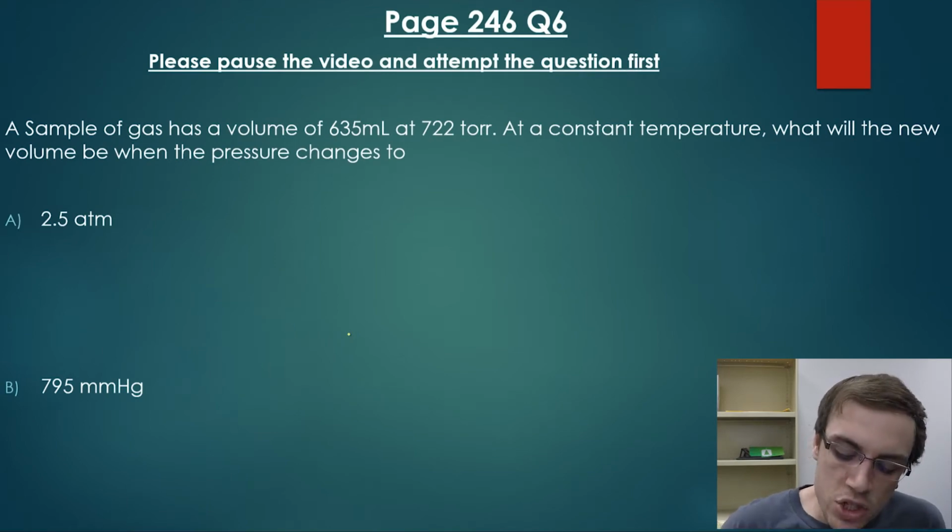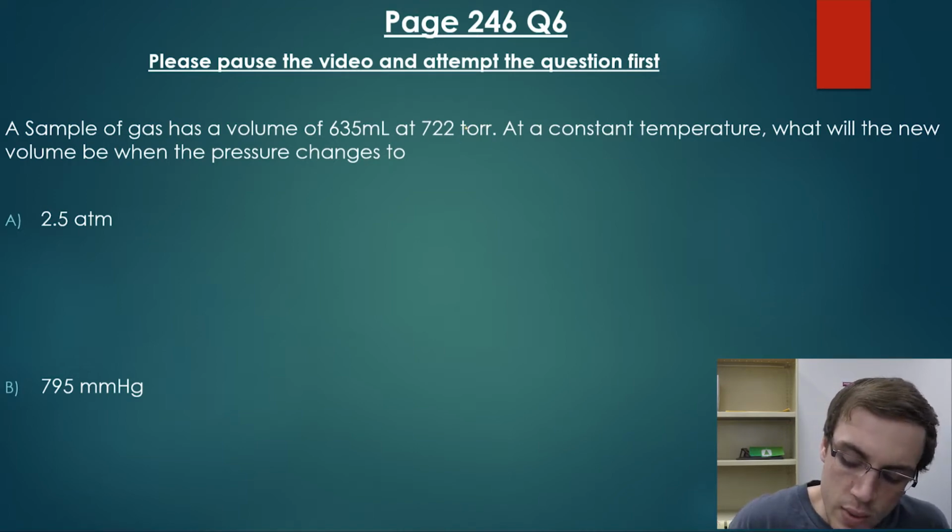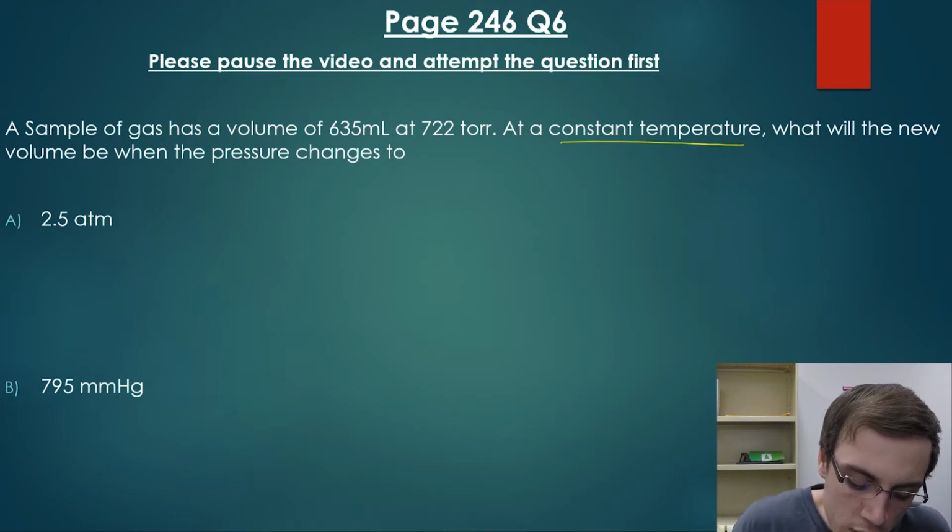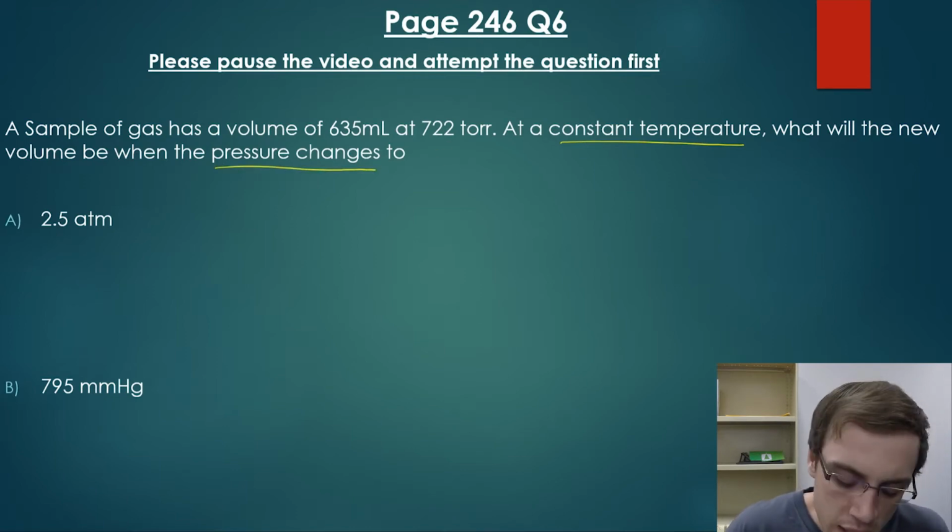Let's check out page 246, question 6. A sample of gas has a volume of 635 ml at 722 torr. At a constant temperature, what will be the new volume when the pressure changes? A couple of things are jumping out at me here.